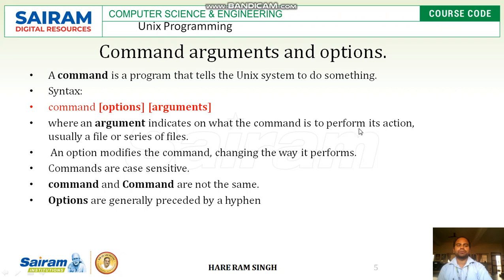Arguments indicate on what the command is to perform, like whether the command should act on one file, two files or three files. This action needs to be taken on what the arguments specify.